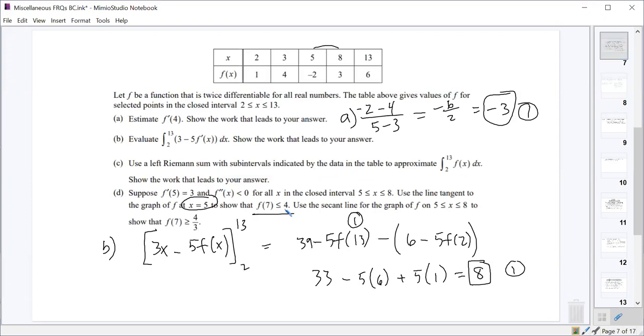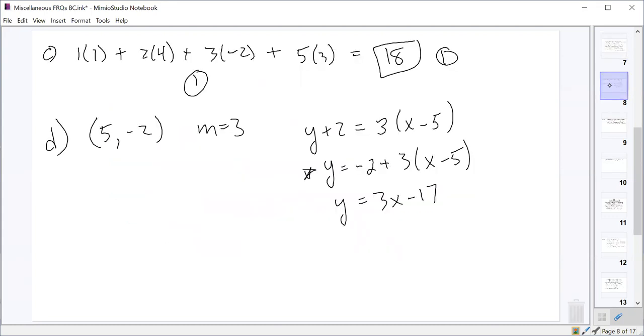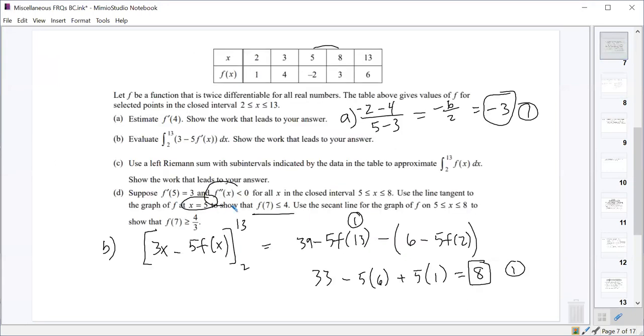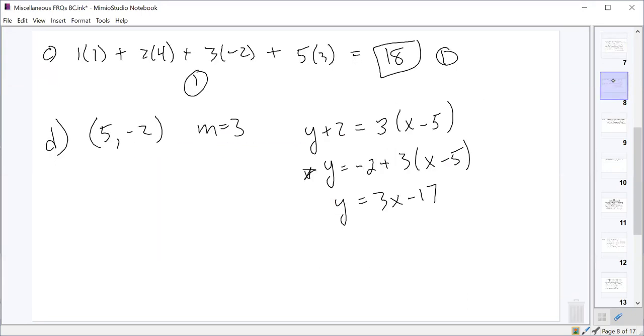So then what does it ask us to do with that? It says, show that f of 7 is less than or equal to 4 using the tangent line. So we know that our function is concave down. And so if our function is concave down, that means the tangent line should be an overestimate.